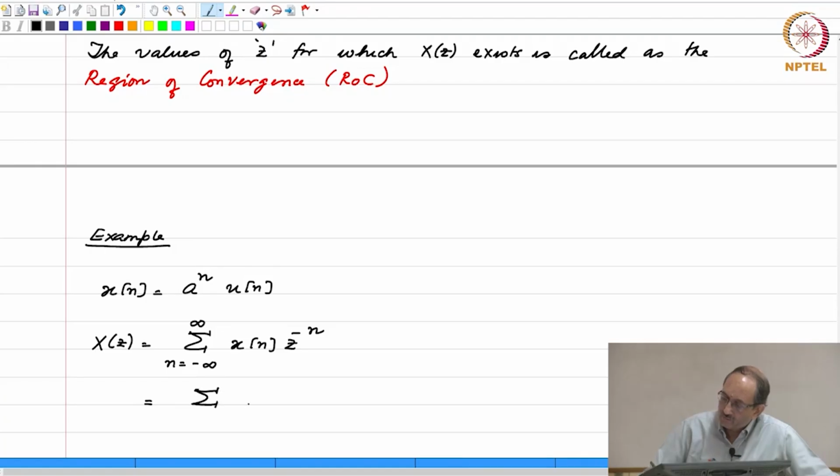In this case, x of n happens to be a to the n u of n, and because u of n is there, we can get rid of u of n and limit our sum from 0 to infinity.